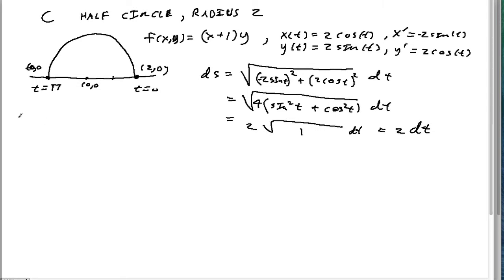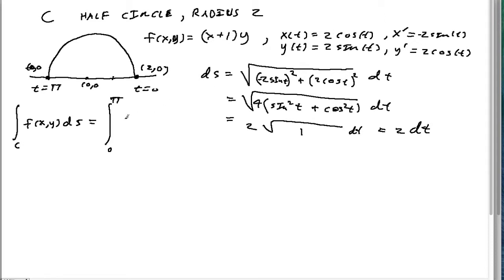And now we write down our abstract integral over C of f of x and y ds, where that's a little s, and now we're going to write it down as an integral from 0 to pi. The constructive definition of this integral will be 0 to pi, and now we have to put in x and y.